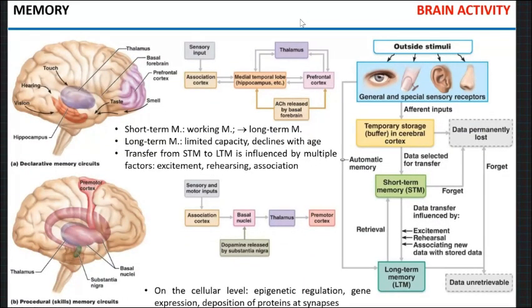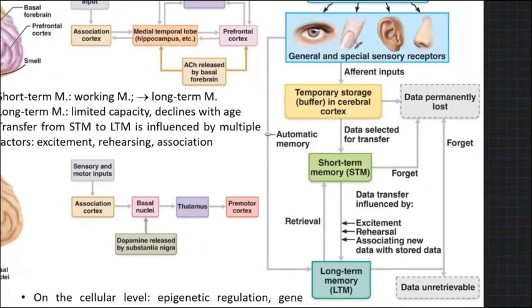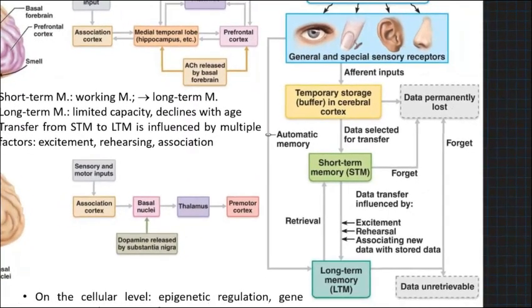Okay, I think we mentioned memory on one occasion when we were talking about the limbic system in particular, but we're going to reiterate. So first of all, we're going to talk about different types of memory. The temporary storage, which is sometimes called working memory or immediate memory, is what you use in a conversation to remember what a person just said, right?